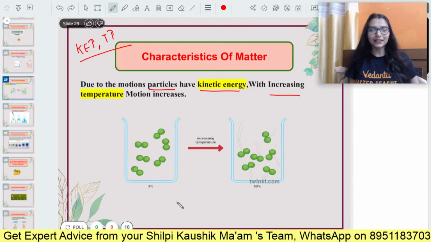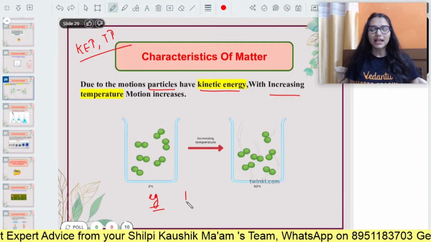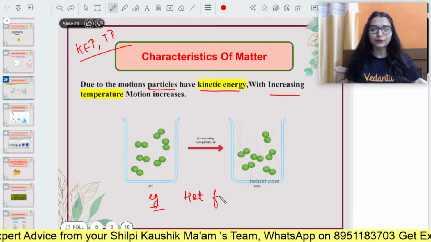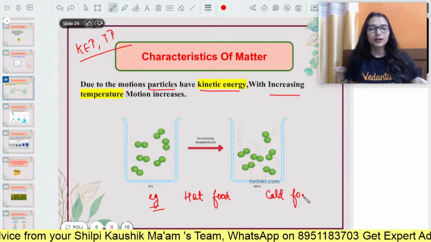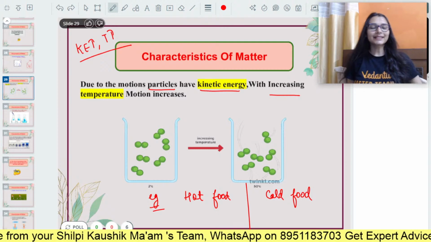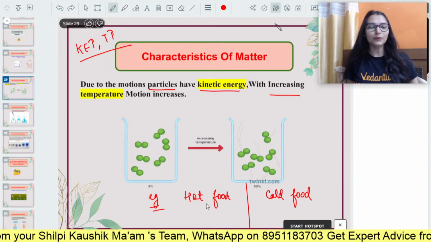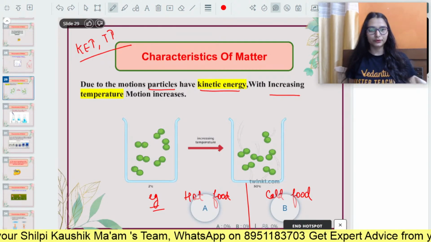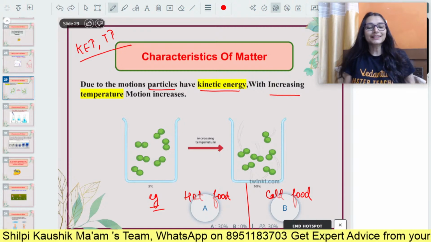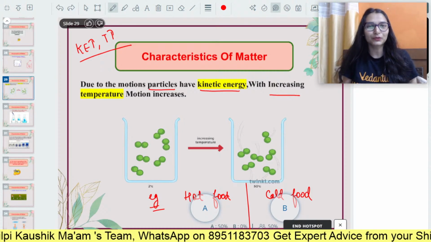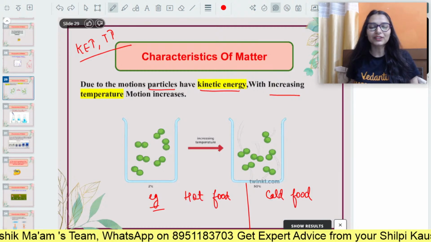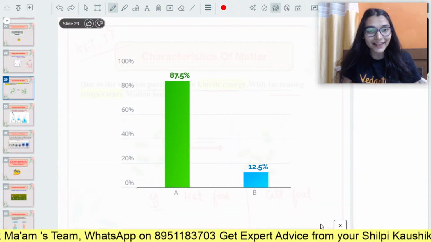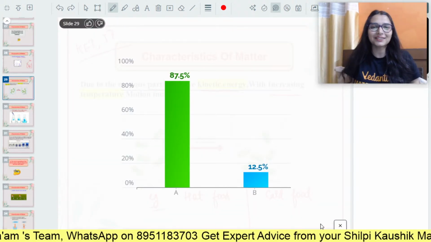I'll take a very beautiful example for this. Let's say you have hot food and cold food. Will the fragrance of hot food reach you quickly, or that of cold food? The smell of hot food reaches you more quickly than the food kept in the refrigerator.